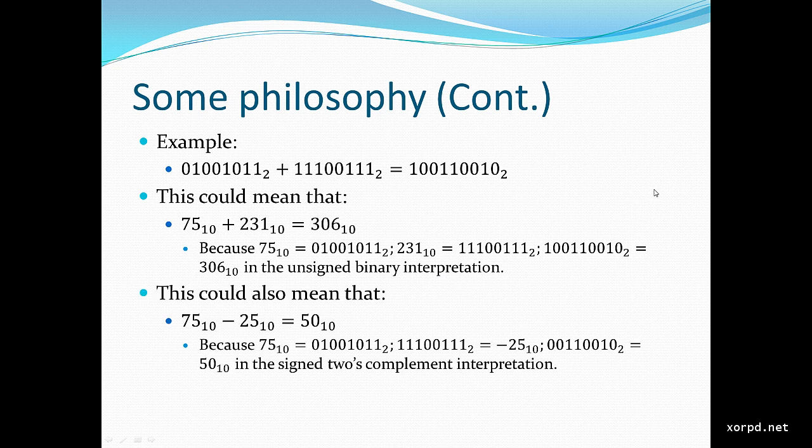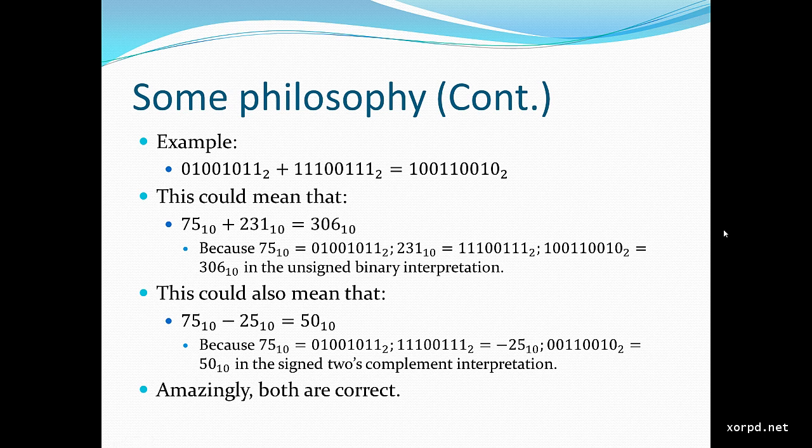This could also mean that 75 minus 25 equals 50. That is because 75 equals the first number, and the second number equals minus 25. The result equals 50 in the signed 2's complement interpretation.